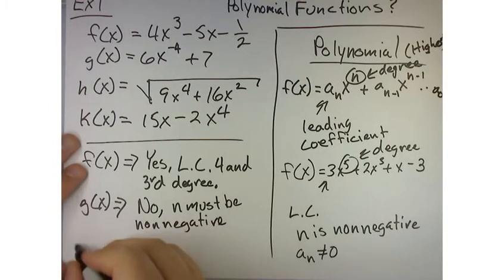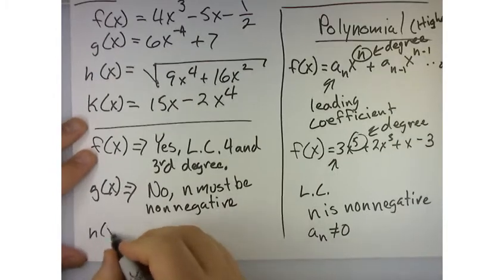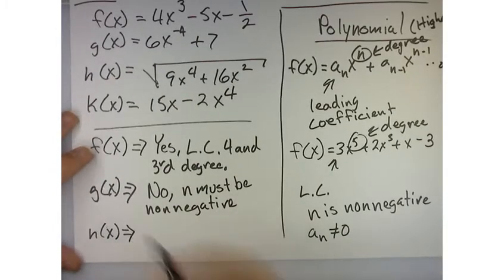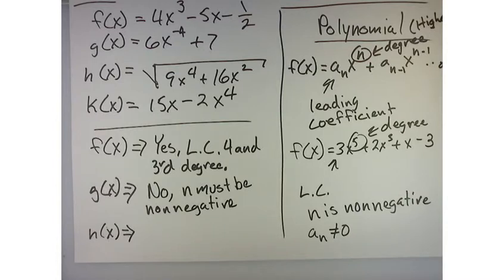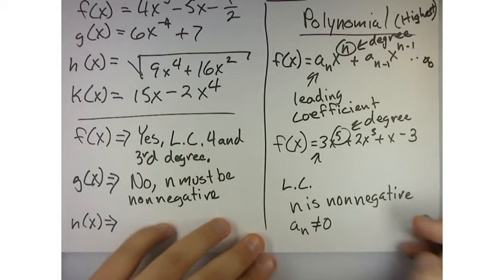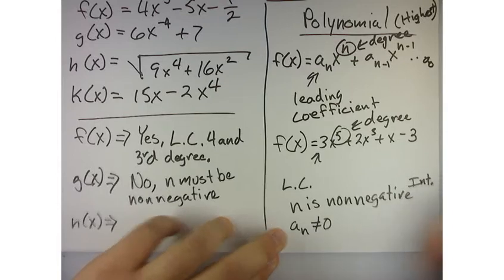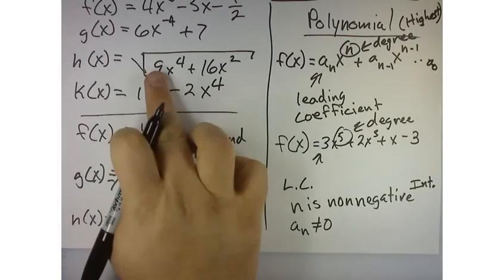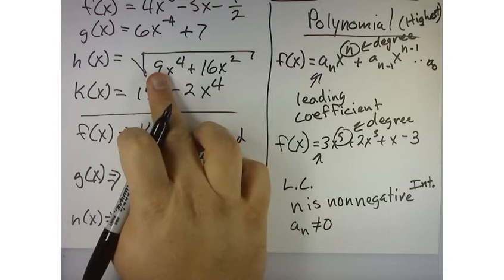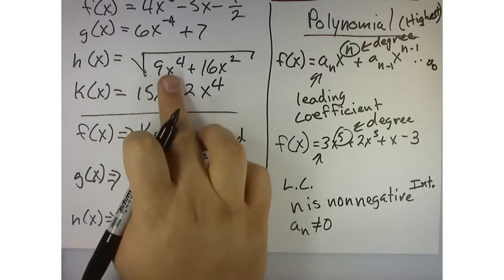What about h of x? One thing I forgot to write down, when I said non-negative, it has to be a non-negative integer. And so when you look at h of x, really that's the same as this whole quantity raised to the 1/2.